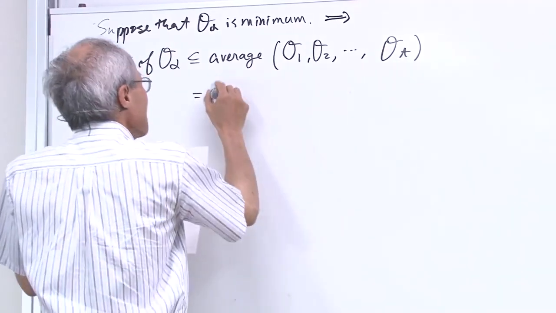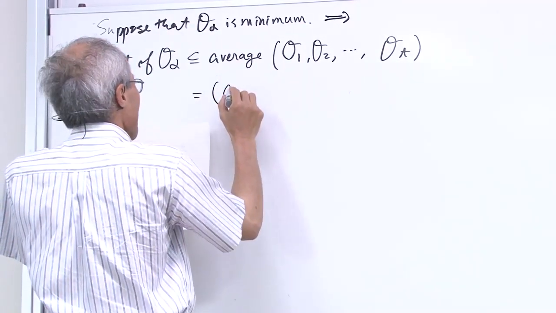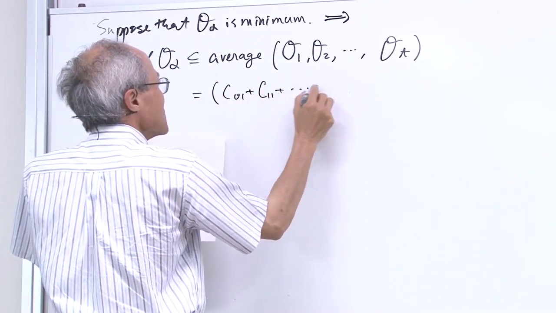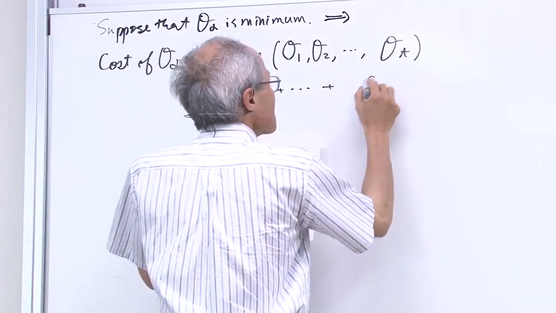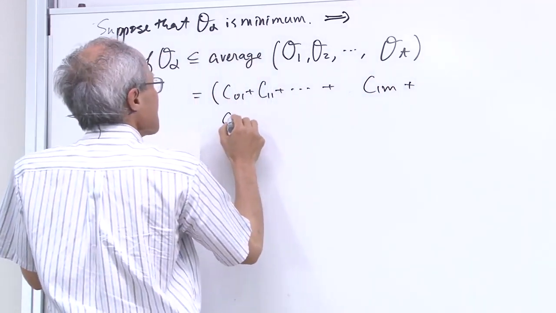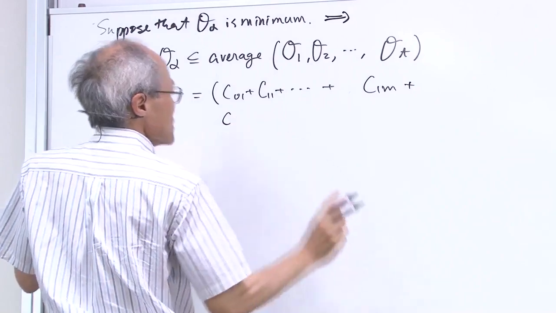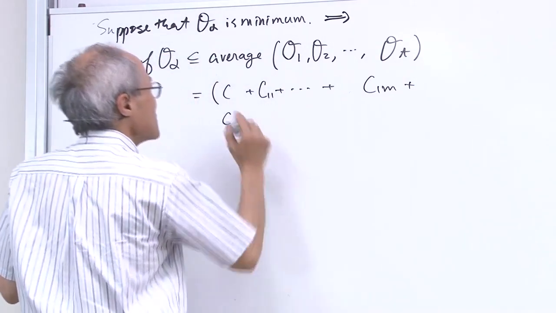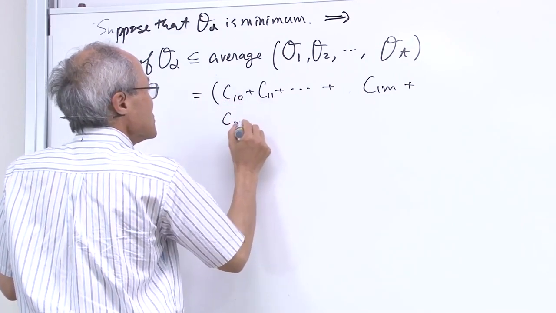Average is of course quite easy. C01 plus C11 plus C1M plus C10.